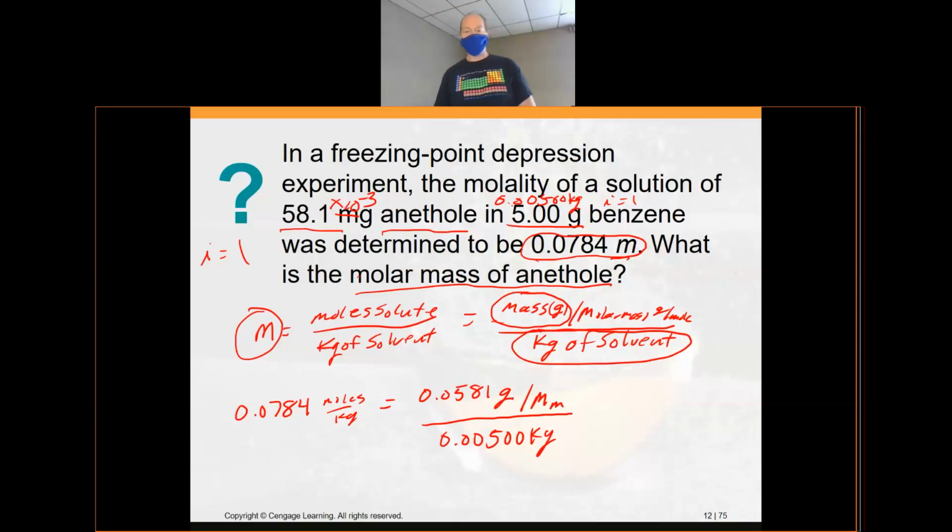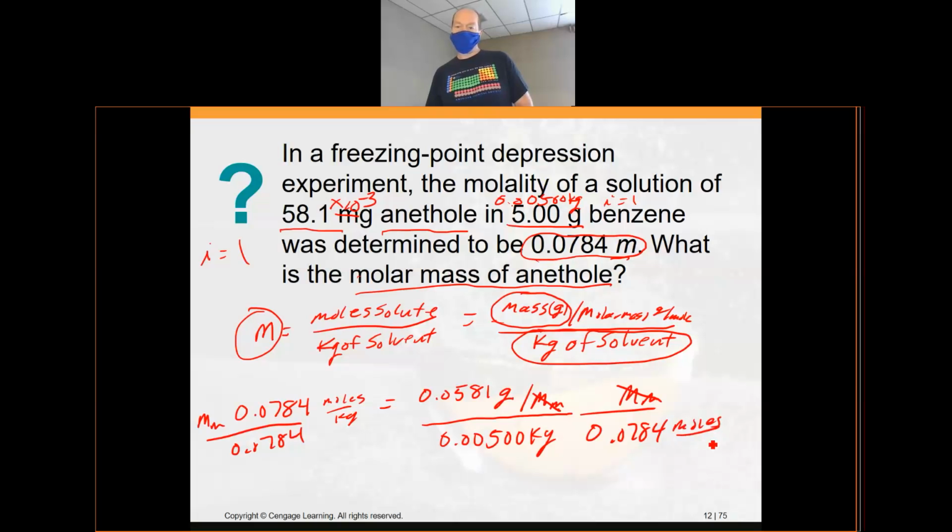So what we have to do is multiply both sides by molar mass. The molar mass in the denominator cancels the molar mass in the numerator. And then we have to divide both sides by 0.0784, and the units for that is moles per kilogram.